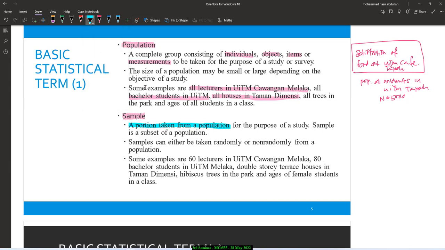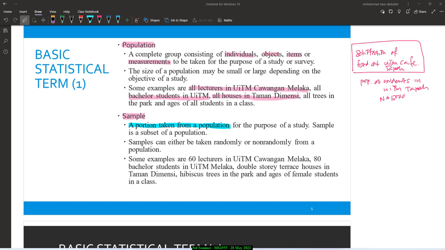Why do we sample? Because if we have a very large population, it is impractical to take all members in the population, because it will cause labor cost, lagi kita nak kena hire orang kan, and we have to spend time to collect the data if we take all members in the population.